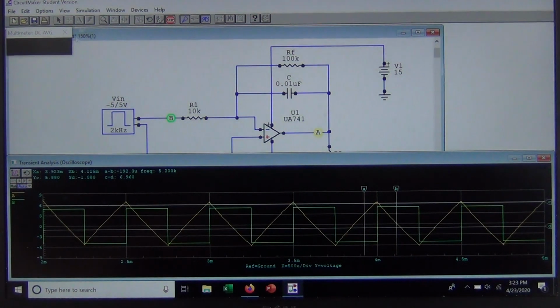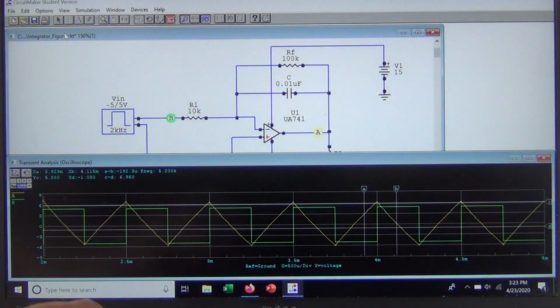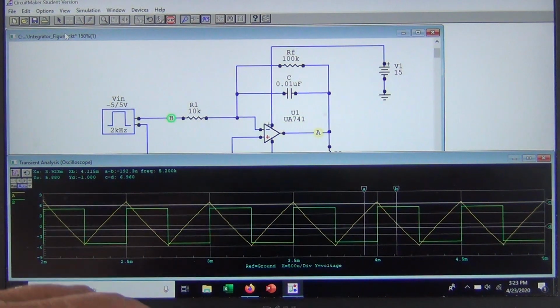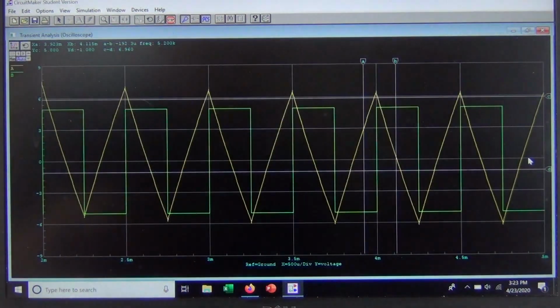And you might notice we don't need this guy over here. We have a green, which is the input, and the yellow, which is the output. So we have the oscilloscope here, and I'll blow it up.